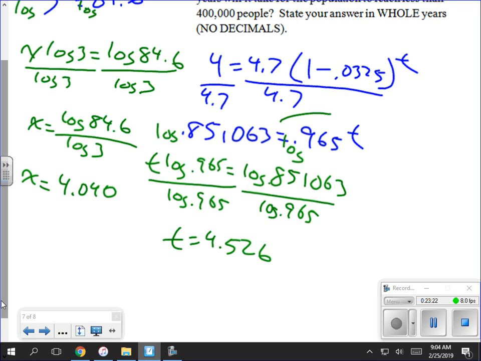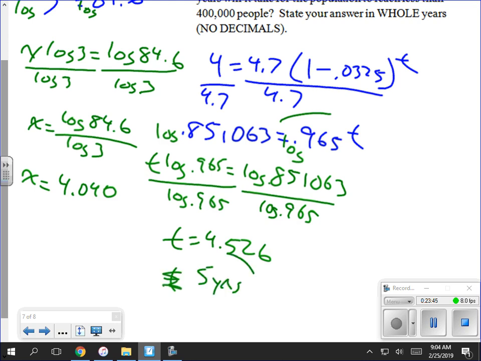So if it's more than 4, you have to round to 5, no matter how close to 4 it actually is. If you get a number like 4.000001, that means 4 years is still giving you more than 400,000. So, in what nearest whole year is it going to be less than that?